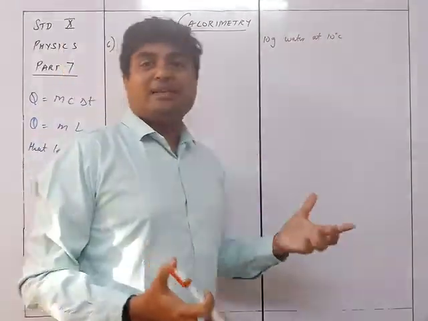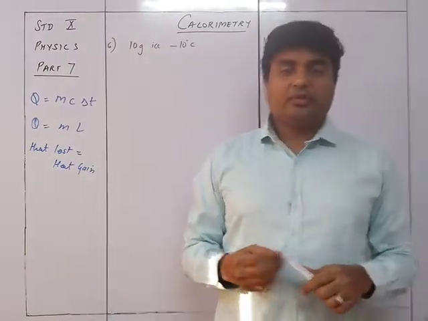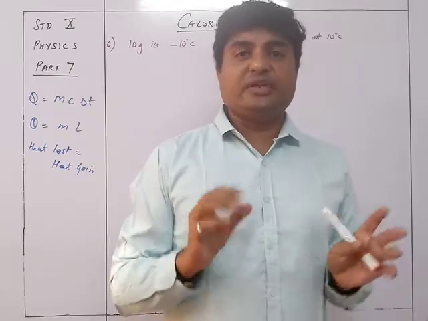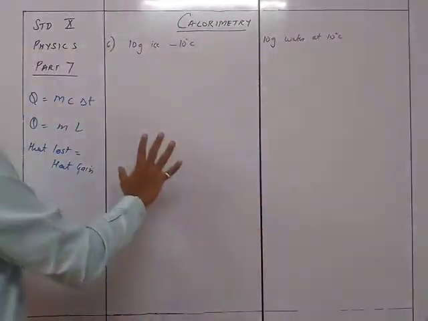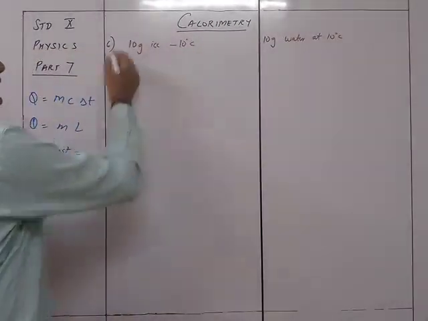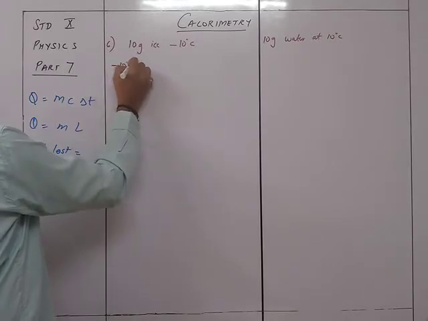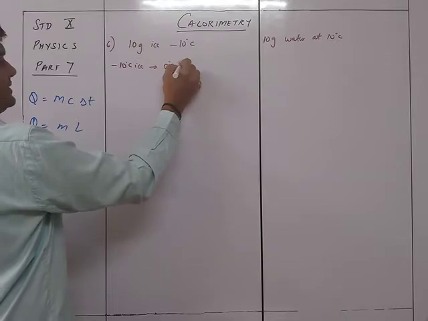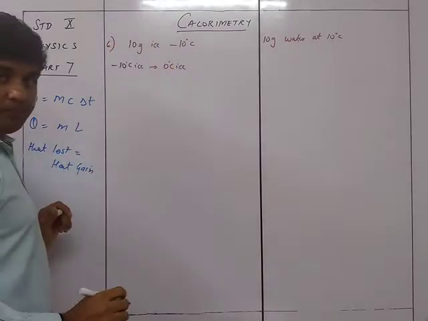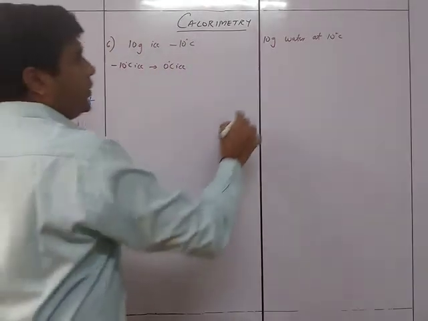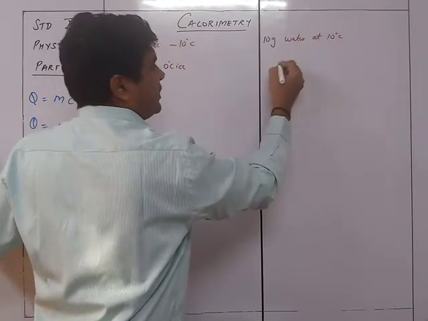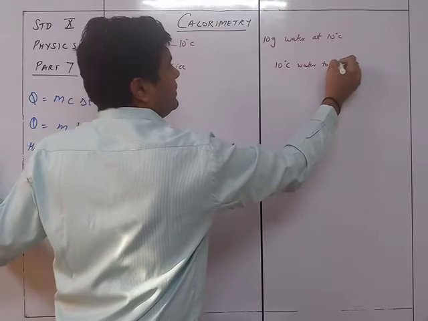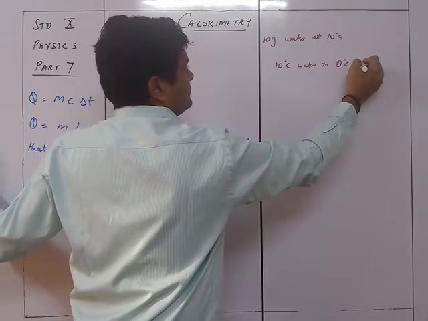Now they have told us what will be the result of this. So first of all, we need to know what are the different changes which are possible. So what is the first possible change? It will be minus 10 degrees Celsius ice to 0 degrees Celsius ice. That's definitely going to happen. And over here, the definite thing will be 10 degrees Celsius water to 0 degrees Celsius water.